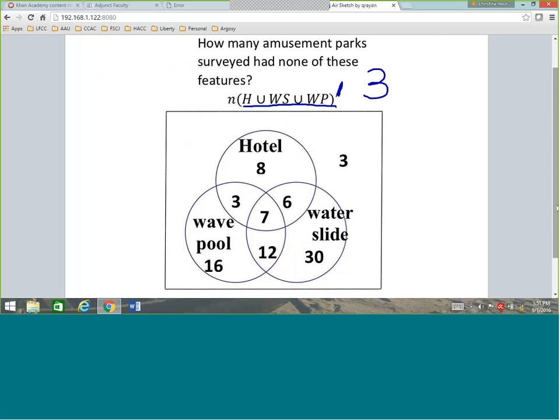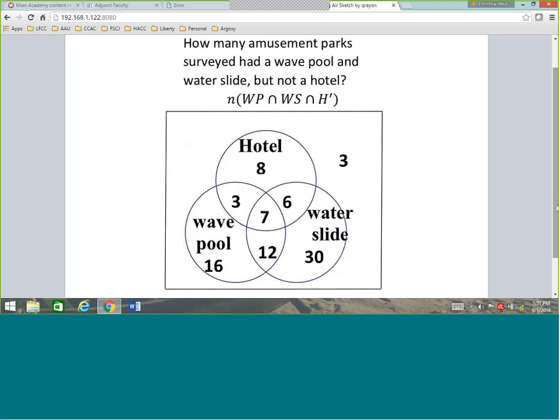And if you notice, for all of these answers, we're looking inside the box. We're not looking outside the box. The universal set is basically everything in the universe for that problem, and you have to look inside the box to get the answer. So how many of these 85 amusement parks had none of these features? That would be 3.